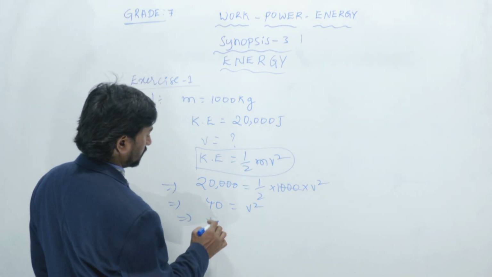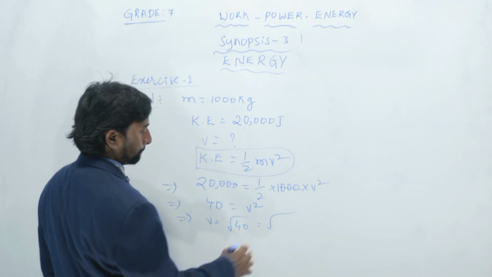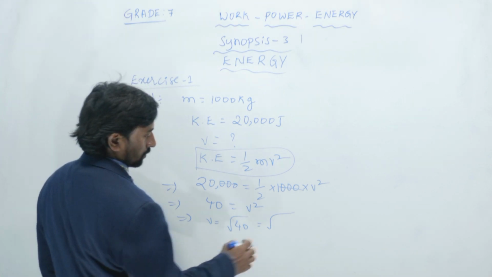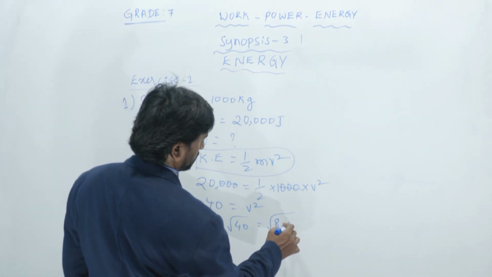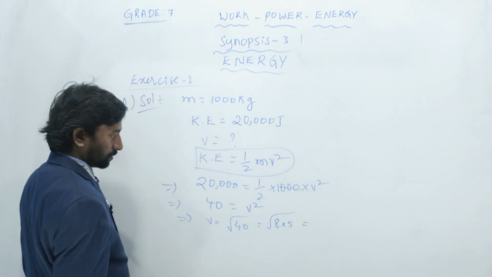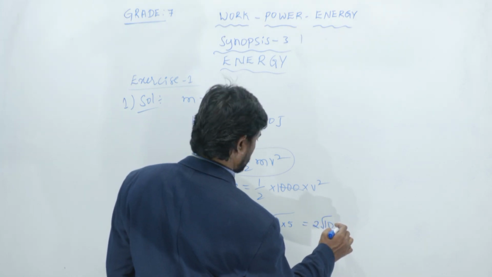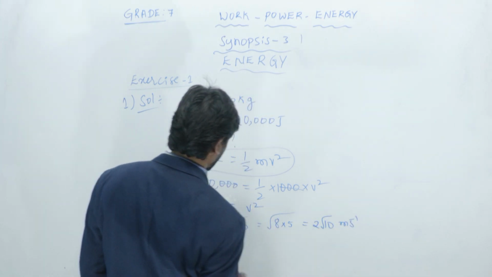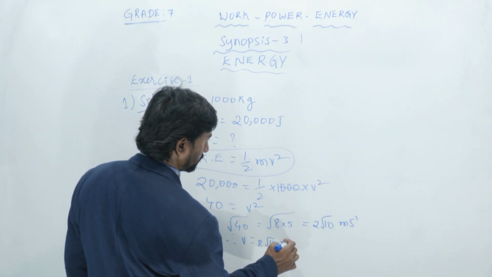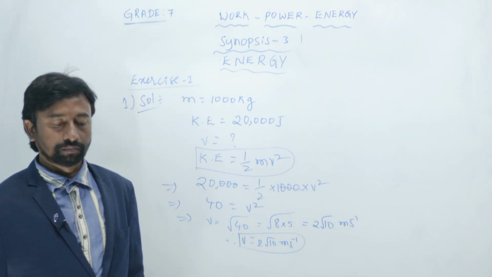From this we can write v is equal to square root of 40, which can be written as 2 into root 10 meter per second. Therefore, velocity v is equal to 2 root 10 meter per second. This is the answer.